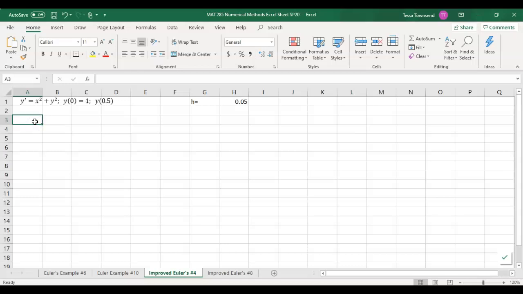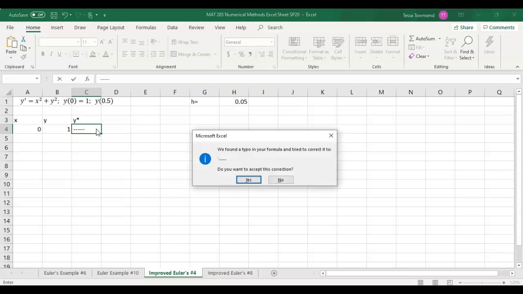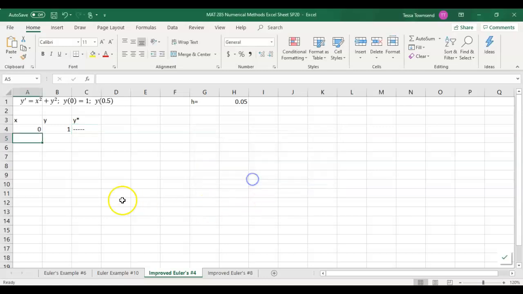We're going to need 3 columns: an x column, a y column, and a y star column. They're giving us the initial condition of 0, 1. We don't have a y star in this step, so you could leave it blank or draw some lines in there just to let you know that there's nothing going in there.